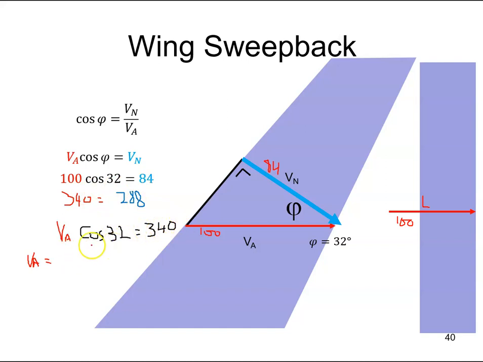That means VA is 340 divided by cosine 32, and that is 400 meters per second. So if we had a rectangular planform, we'd be limited to flying at just below 340 meters per second. With a sweepback, we can increase our velocity to just below 400 meters per second. So there is some benefit to it.